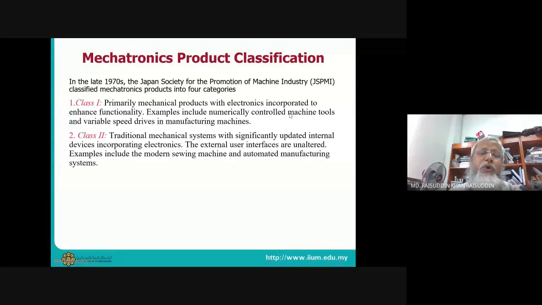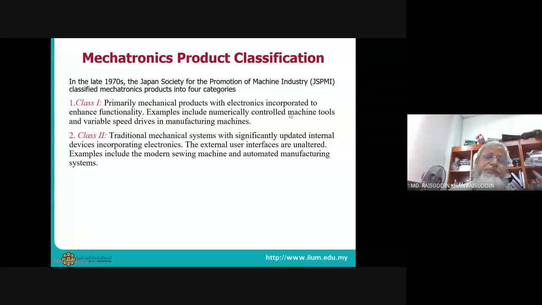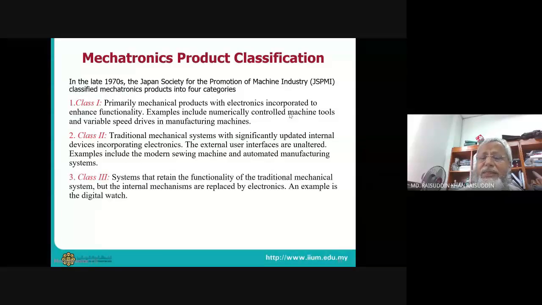And mechatronics products have a wide range of classification. So I'm not going to discuss all this classification. Maybe it will be uploaded. So we have class 1, which is primary mechanical products. Class 2, traditional mechanical systems updated with internal devices with electronics. Then class 3, systems that retain the functionality of the traditional mechanical system, but the internal mechanism is replaced by electronics, such as the digital watch.